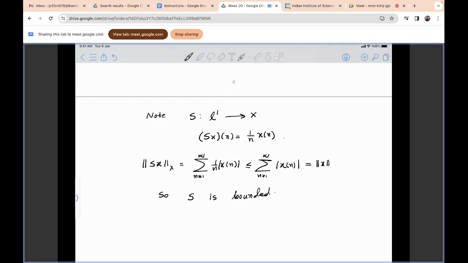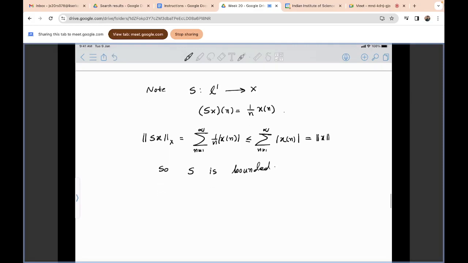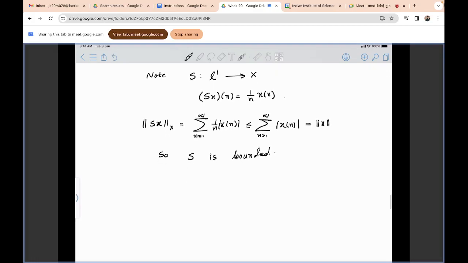So S is a bounded operator, and S is also one-one and onto, because T is bijective.